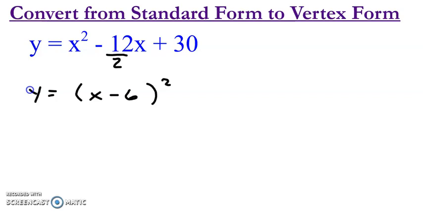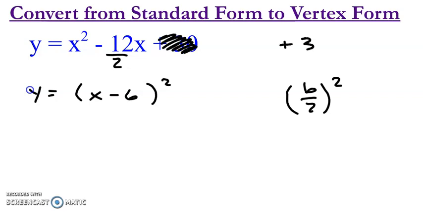Well, in order to find the c value that works, recall we're doing b divided by 2 and then squaring it. So I do b divided by 2, I get -6, and -6 squared is not 30. So once again, I'm just going to take this 30, move it over there.